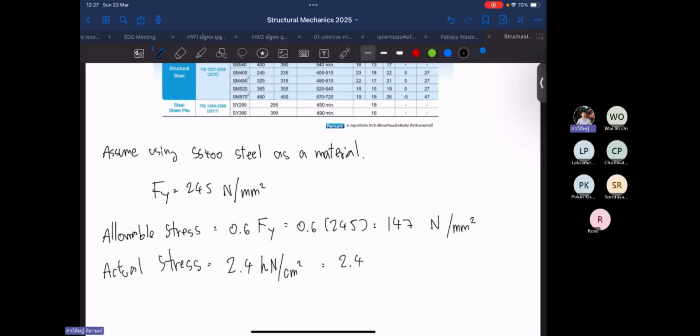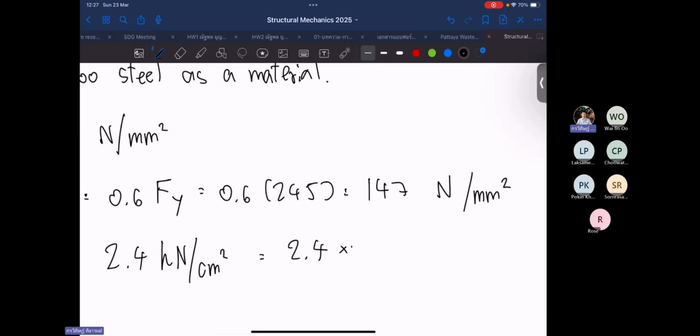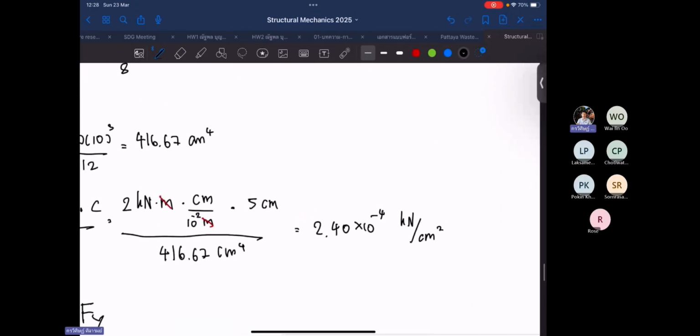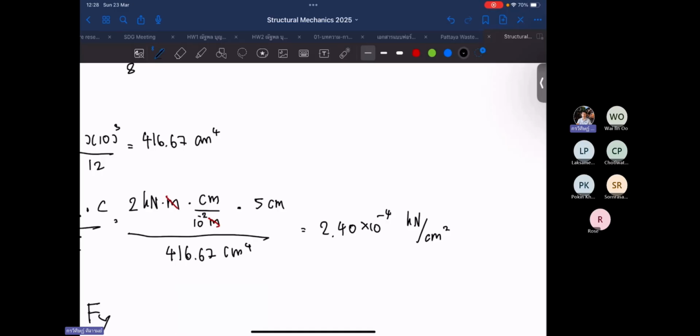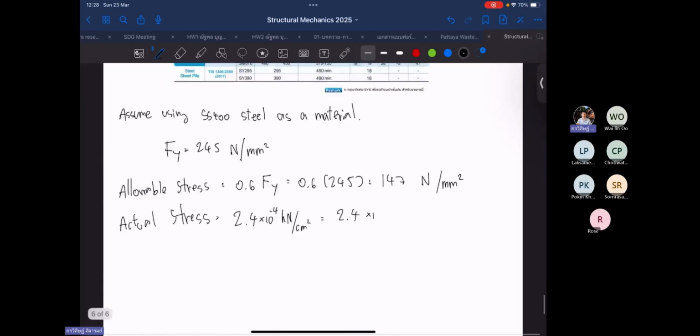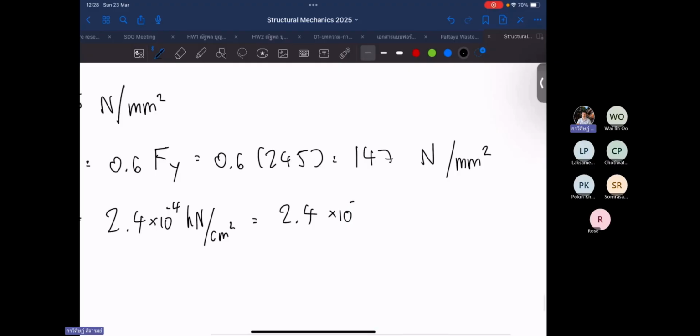So 2.4, sorry, 2.4 multiplied by 10 power minus 4 kilonewton per square centimeter. 10 minus 4 kilo is 10 power 3, then just Newton. So this one is square centimeter.